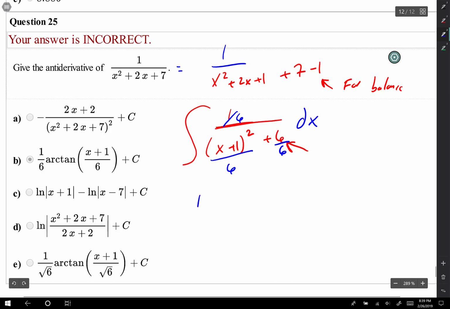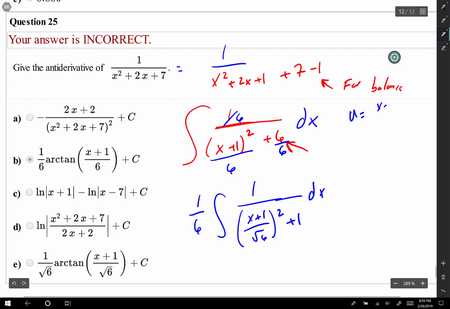So now here's what I have. 1/6 integral 1 over (x plus 1) squared over the square root of 6 squared plus 1. So now I write u equals (x plus 1) over the square root of 6. So du equals 1 over the square root of 6 dx. So I have a 1/6 here, but I'm going to write this as 1 over square root of 6 times 1 over square root of 6. So there it is, there's my 1/6.